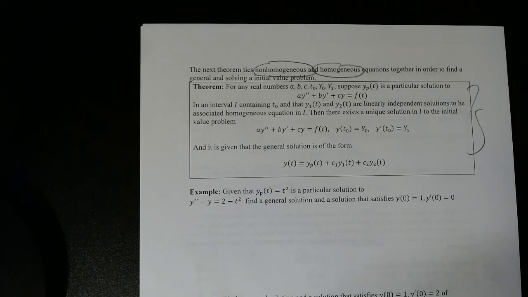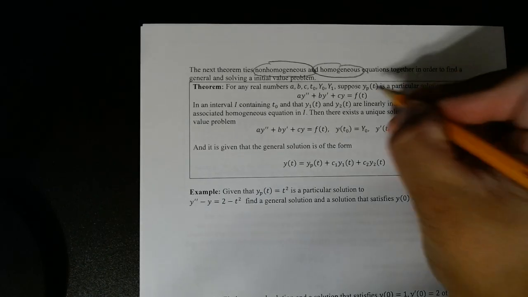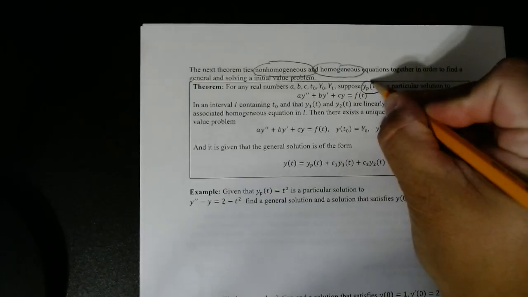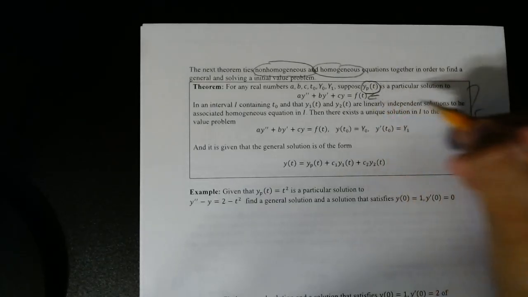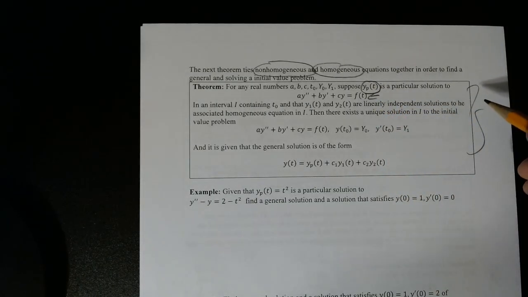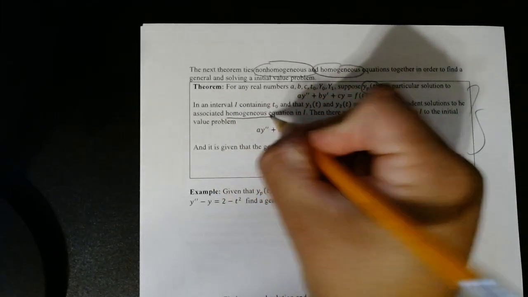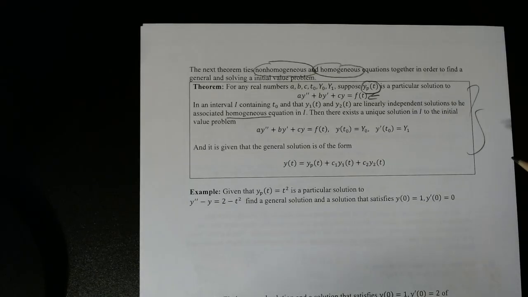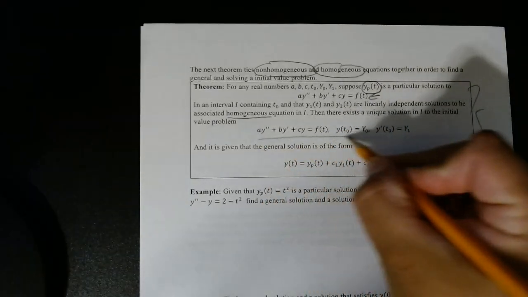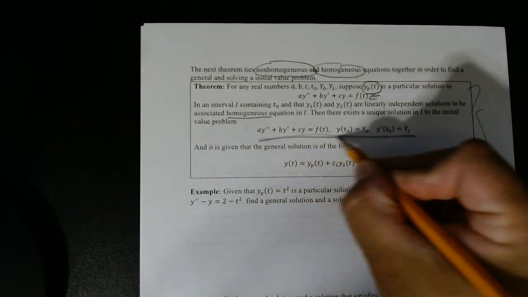Given all these real numbers, and suppose yp of t is a particular solution to this, in some interval that contains y1 and y2 that are, again, linearly independent solutions of the homogeneous equation, then there exists an initial condition such that this is true. Okay, so meaning we could solve for it.